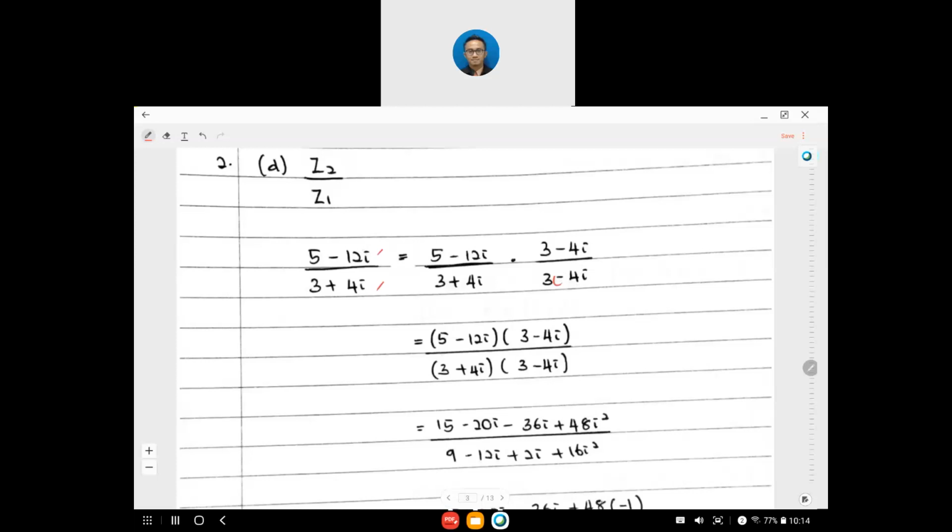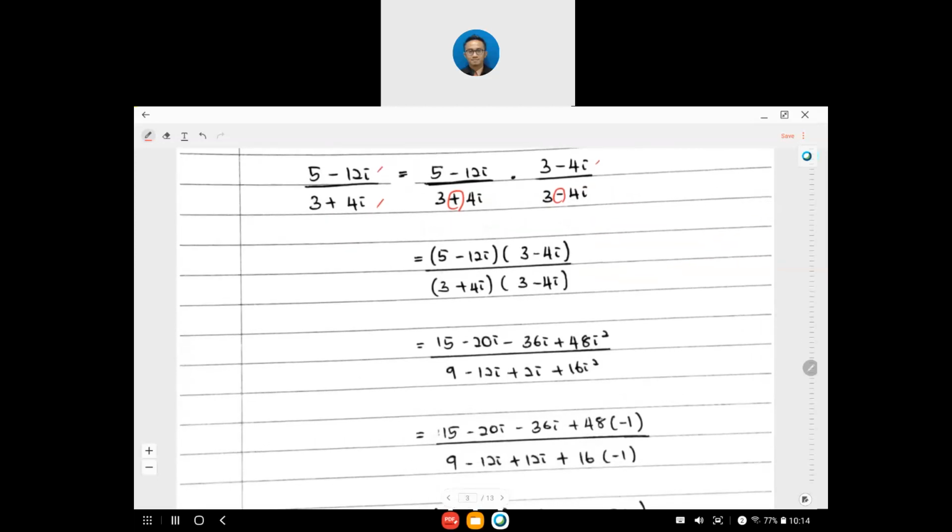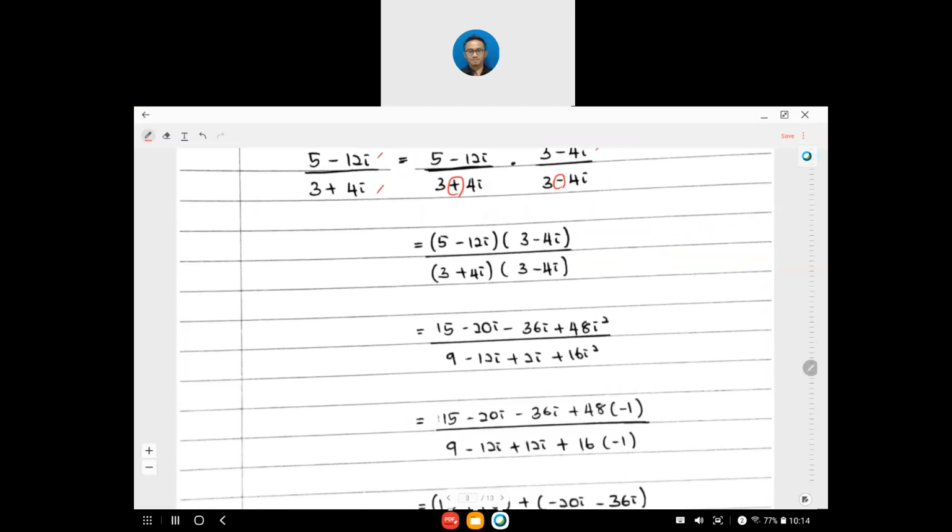Okay, and the above also the same thing. So now you need to expand. Okay, so we know that the denominator, the one at the bottom, if you times by its conjugate, it becomes 3 square plus 4 square only.